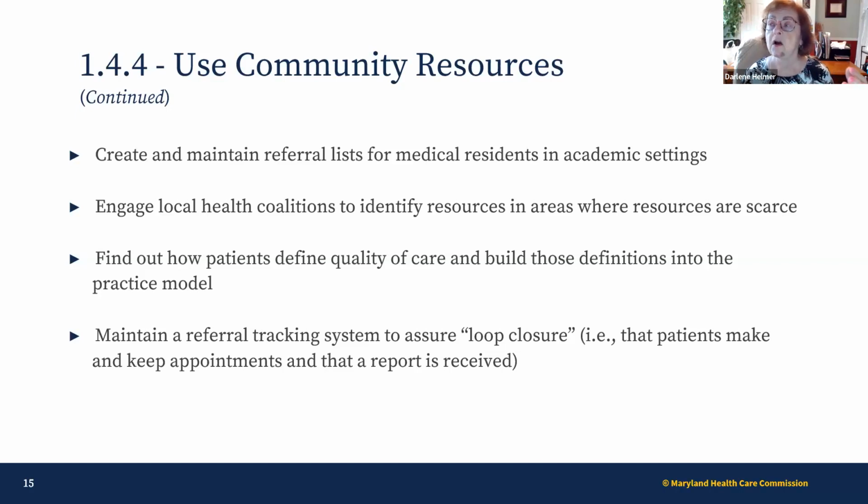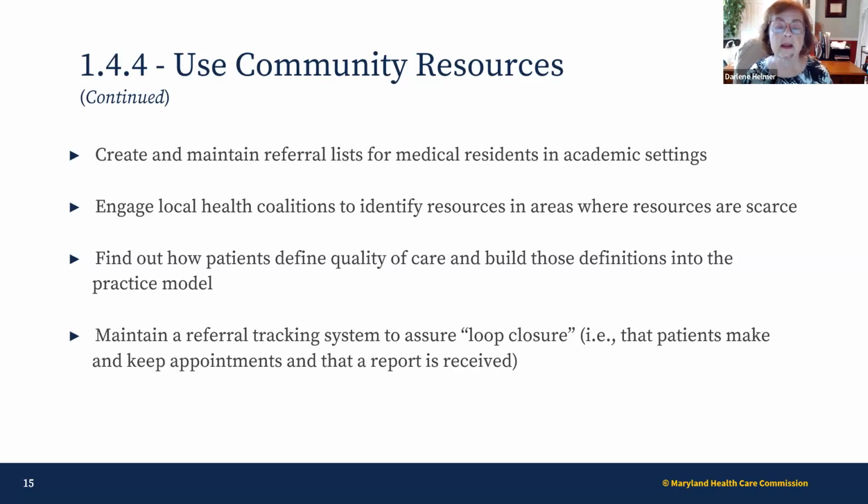For instance, when I worked in ophthalmology, we provided transportation to patients who needed cataract surgery or glaucoma management. We had a bus that came and picked them up. It was an all-day adventure for them, but we picked them up, we took them, and then we took them back home. So that's how we identified resources in areas where those resources were scarce, but we were able to take care of those patients.